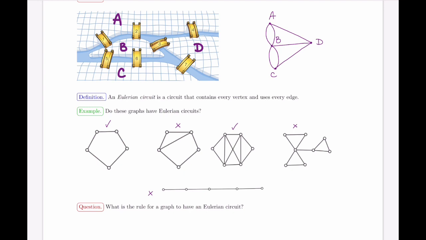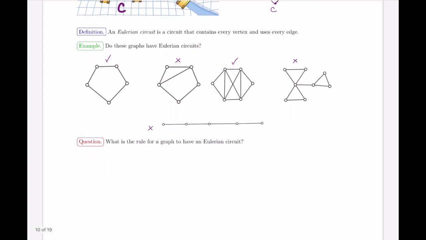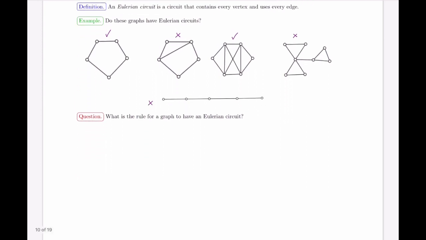And this is essentially the defining rule for a graph to have an Eulerian circuit. In fact, this rule is so strong that it forms both a necessary and sufficient condition for the graph to be Eulerian. So here we have the following theorem. A connected graph, it has to be connected. If it has two different pieces, maybe the pieces are going to be Eulerian, but the whole thing is not going to be Eulerian.